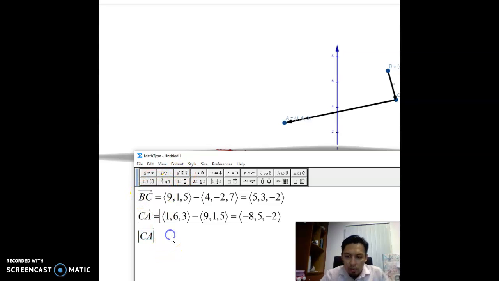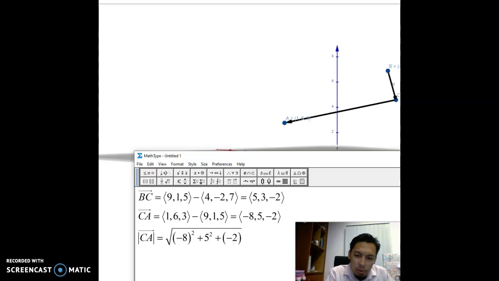So this should be the notation. Right? So equal to square root of negative 8 squared plus 5 squared plus negative 2 squared. Okay, let us calculate that.